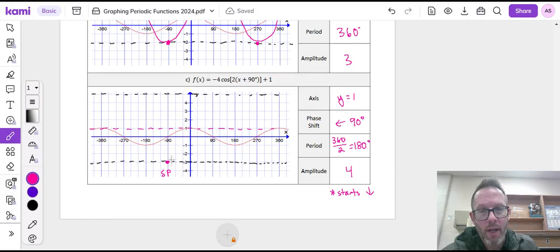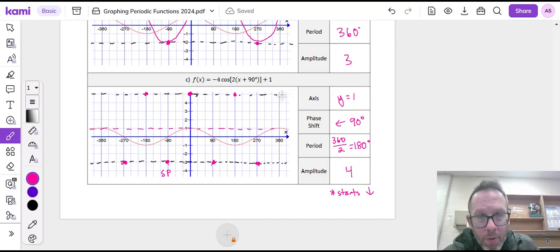Our period is 180, so we'll have one full cycle every 180 degrees, or 6 squares on my grid, like so. All these are minimums, and halfway between our minimums, we'll have maximums. So up here and up here and up here.